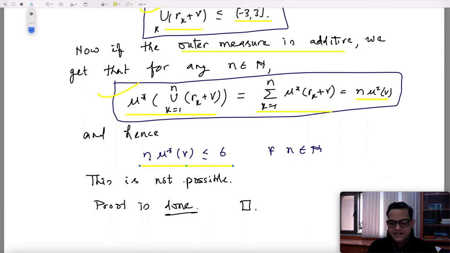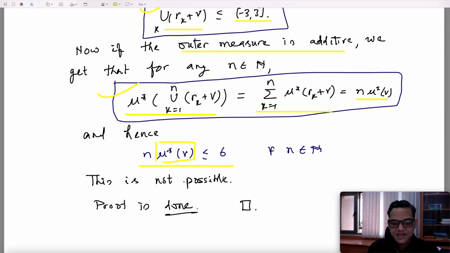But this n is in your hand, you can make it as large as you want. You can take 100, you can take 1 million, and keep making it larger and larger, correct? This is not possible because mu star of B is a fixed number, and a fixed number times n is unbounded, so it cannot be less than or equal to 6.